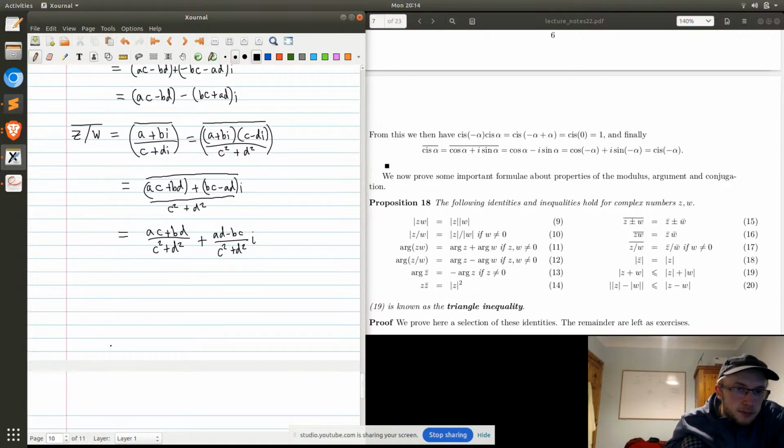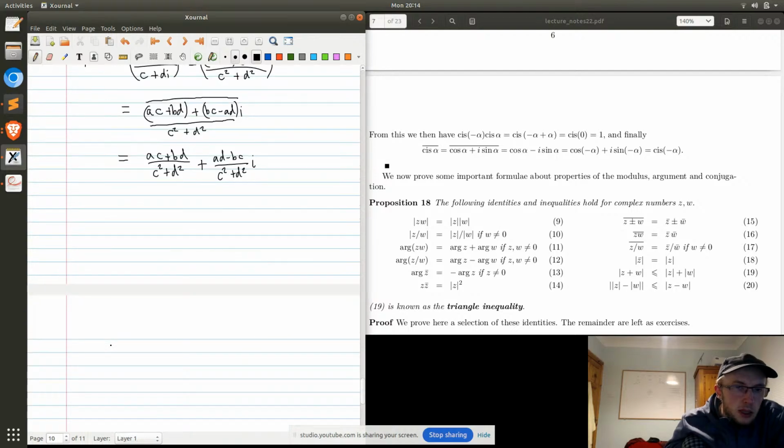Now, z bar over w bar. All right, so that there is z over w, and then bar, the whole lot. And now I've got to do z bar over w bar.